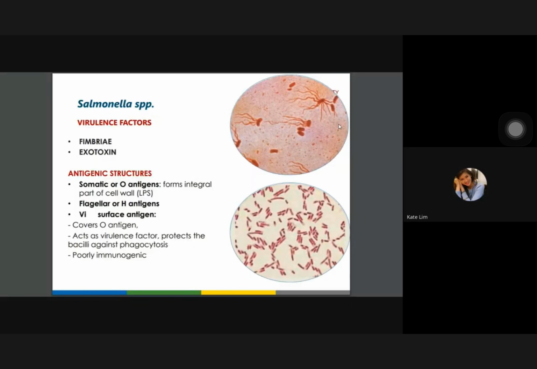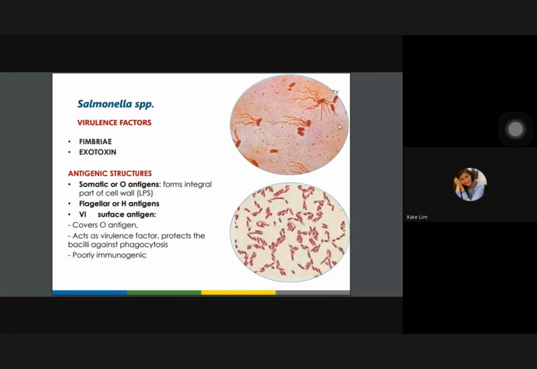We have here the virulence factors. Just like your E. coli, it also has fimbriae. If you remember what fimbriae are, these are small hair-like projections on the bacterial surface, which facilitate attachment or adhesion. Therefore, your Salmonella also has these fimbriae.